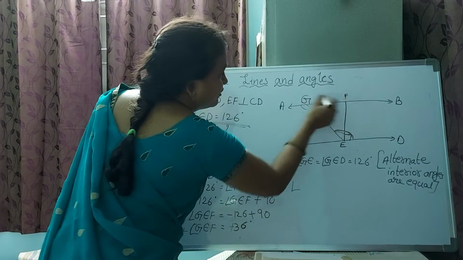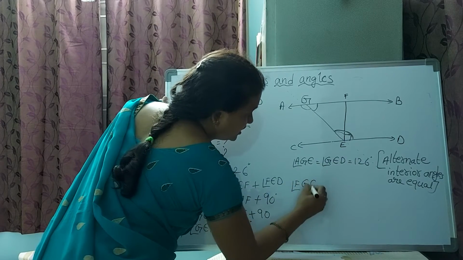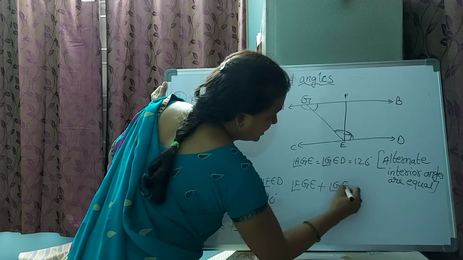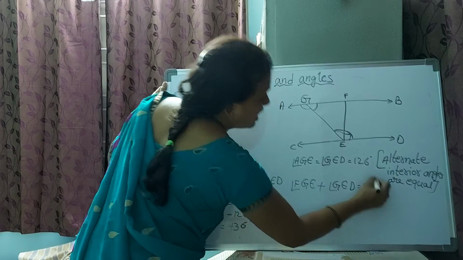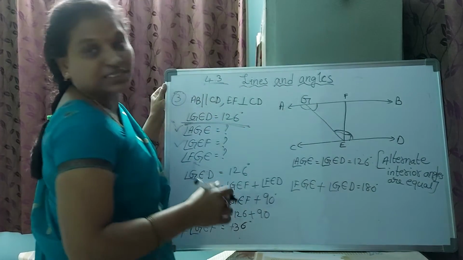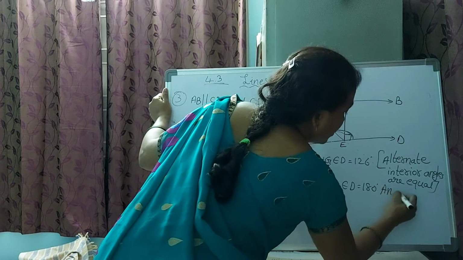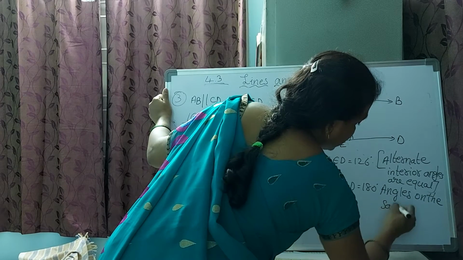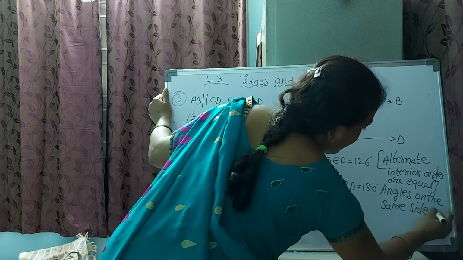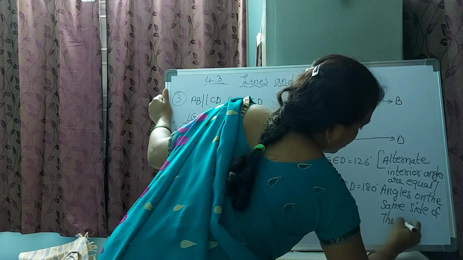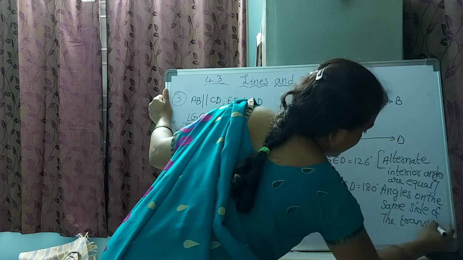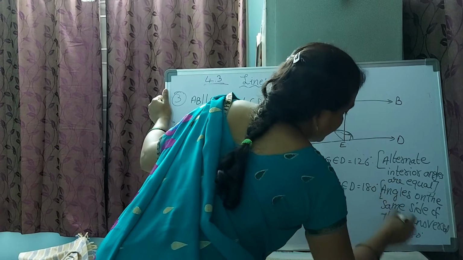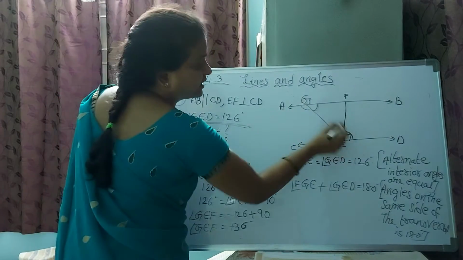Angle FGE plus angle GED is equal to 180, because angles on the same side of the transversal are supplementary. Already we learnt all these things. Angles on the same side of the transversal is 180. So that's why we took those two angles. Those two angles are equal to 180.